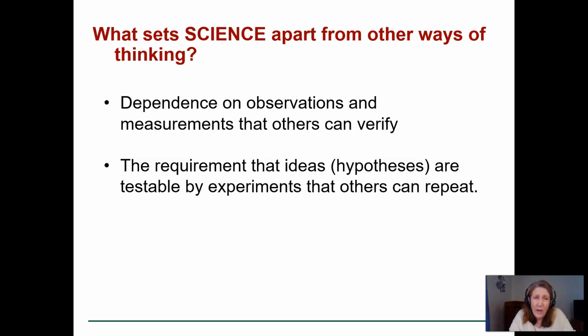One thing that science can't do for you is if you were to ask the question, is this painting beautiful? Science would not be able to answer that question. There are some things that science cannot answer, but we're going to focus on the things that science can answer.